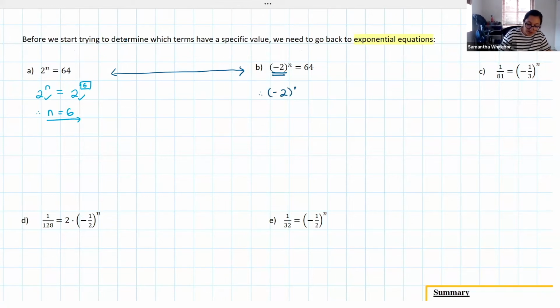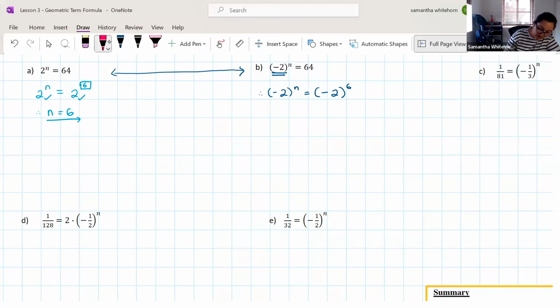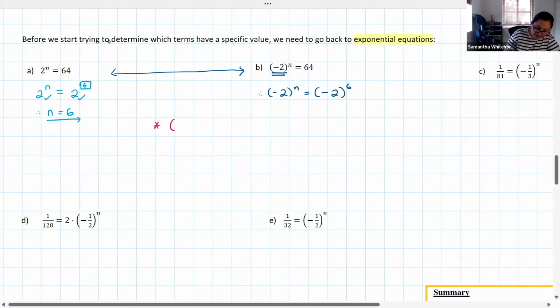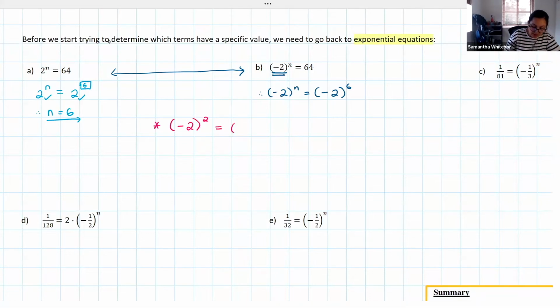So -2 to the power n is great, but 64 could also be written as -2 to the power of 6. And the reason for this is quite simple. If I had -2 to the power of 2, that would be a -2 times a -2, which gives me +4.